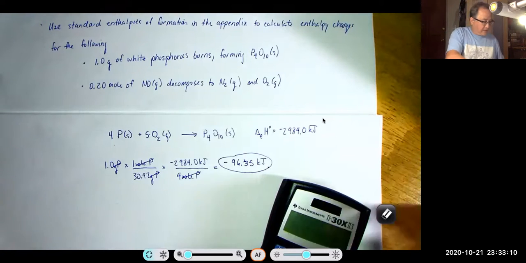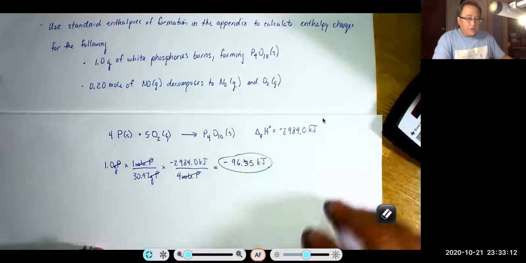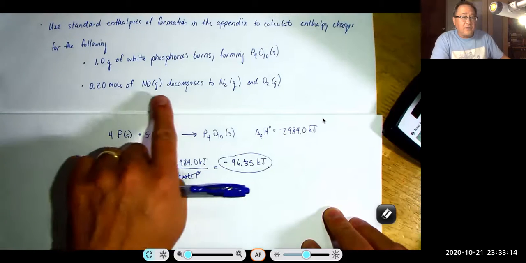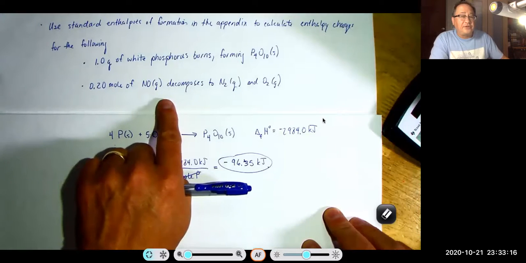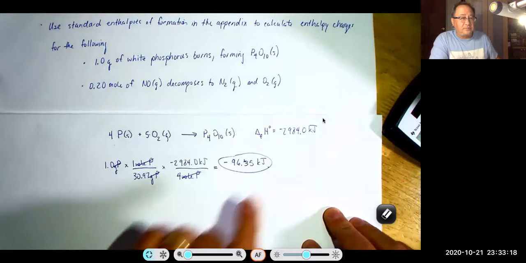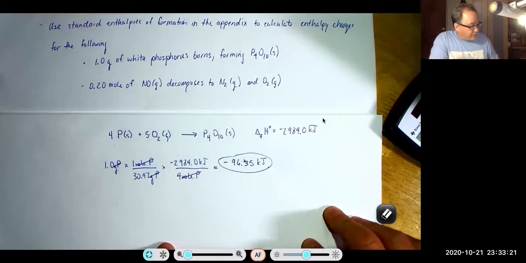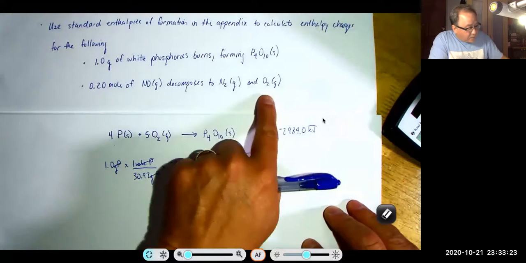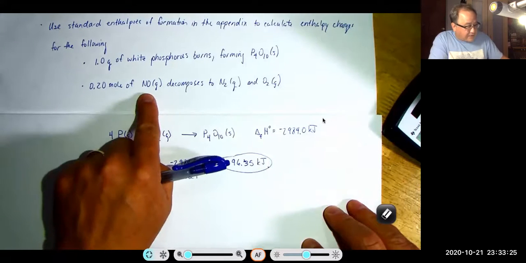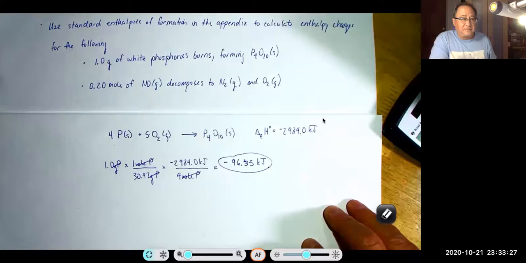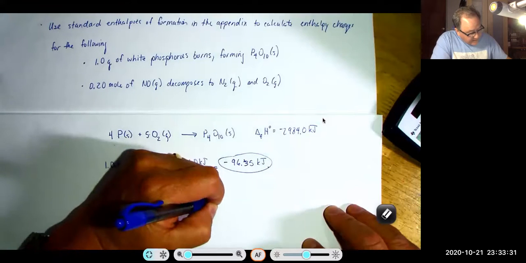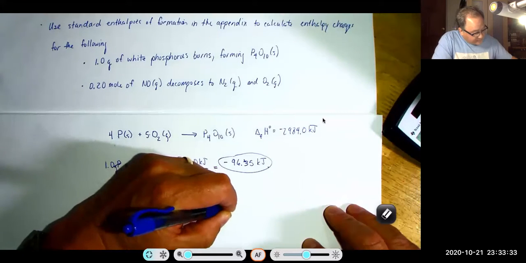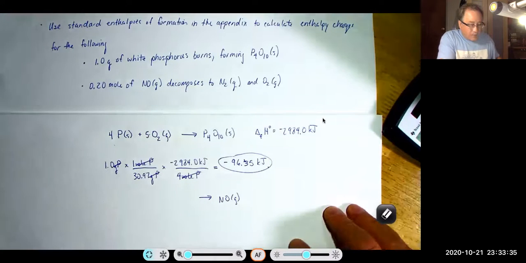Okay, now let's do the same for 2 moles of NO, which decomposes to N2 and O2. So we want to here write out the enthalpy of formation reaction for NO. So let's write it out. NO gas. And what is it made out of?